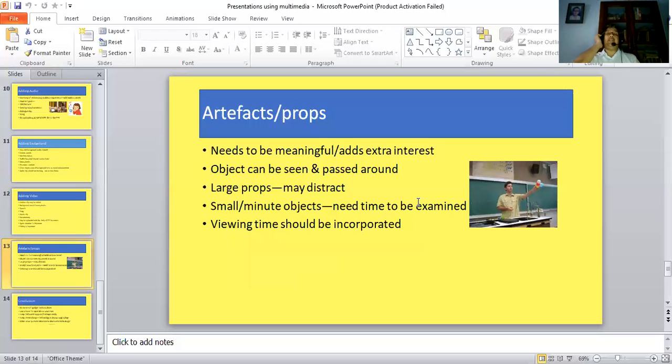Incorporate the time that you spend on these artifacts or props within your presentation delivery time, and include things which are intrinsically interesting and will build up the credibility and interest in your presentation when you are giving it.